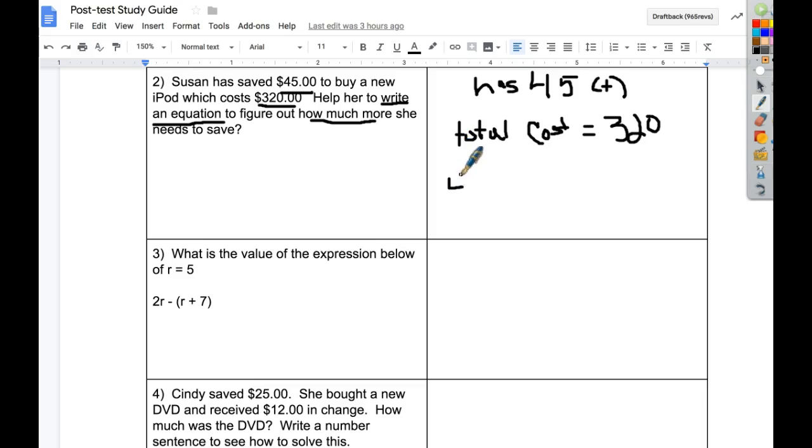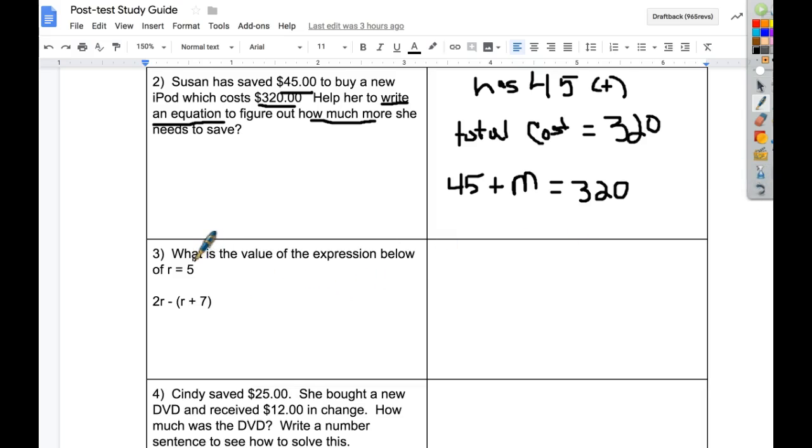So she has 45. Altogether, it's going to be 320. So she needs 45 plus how much more money to equal 320? And that is your equation. 45 plus M equals 320.